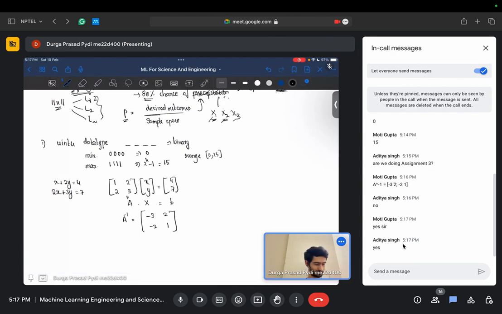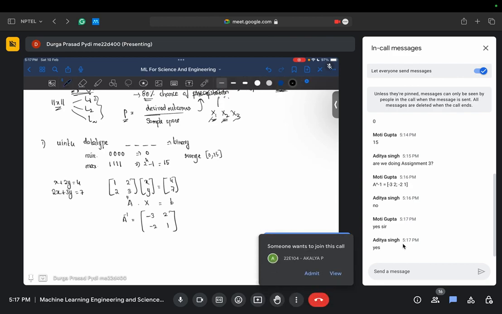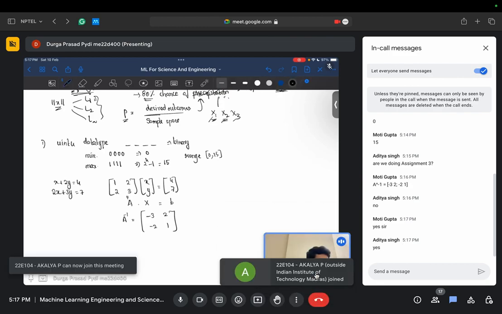Okay. If I just multiply this and this, it doesn't seem right. So is it a minus 2 or plus 2? Because if I multiply these two, I think it's not summing up to I, right? A times A inverse.